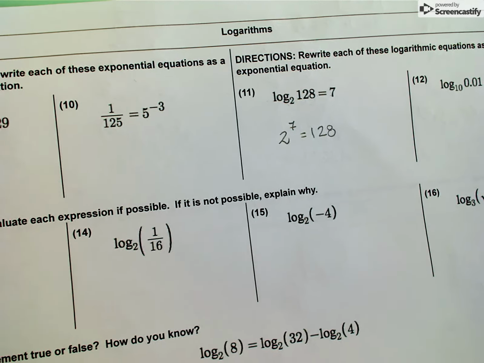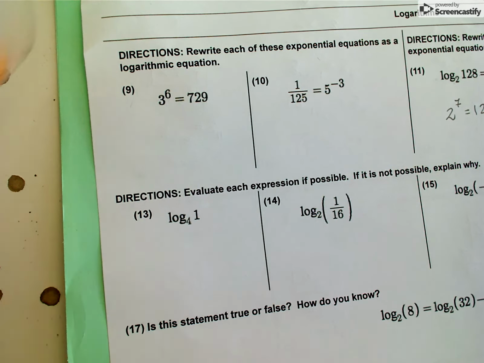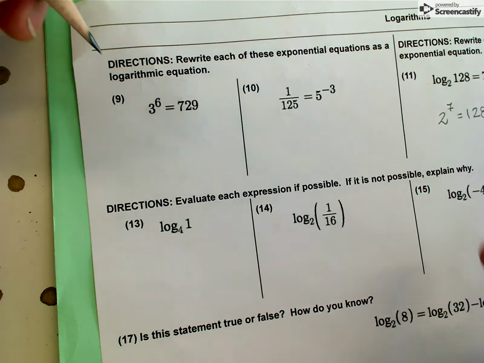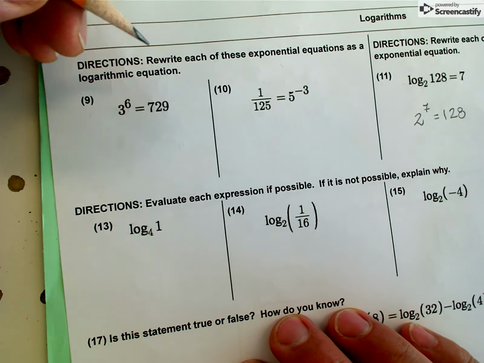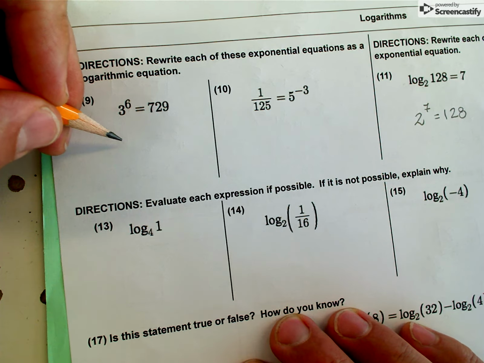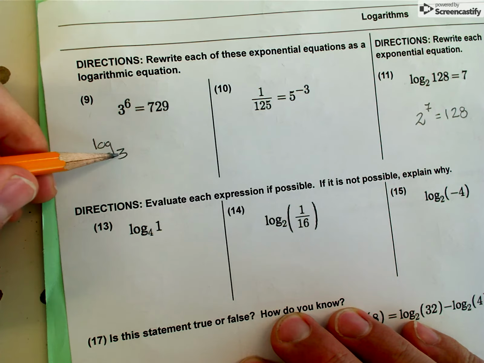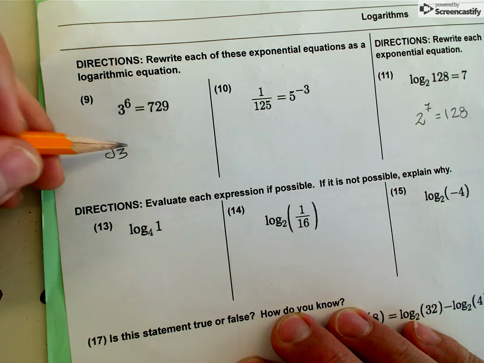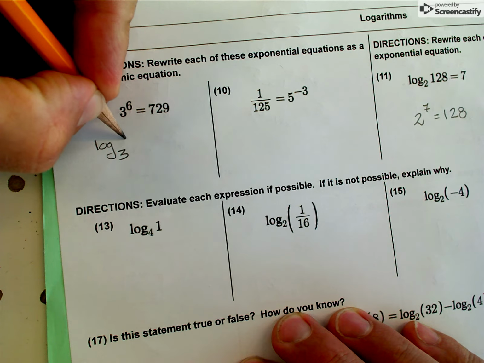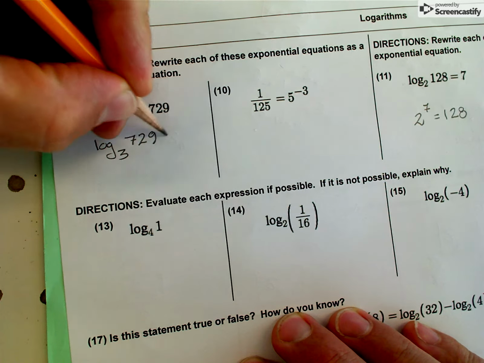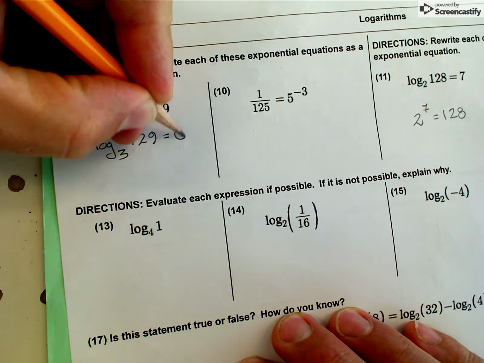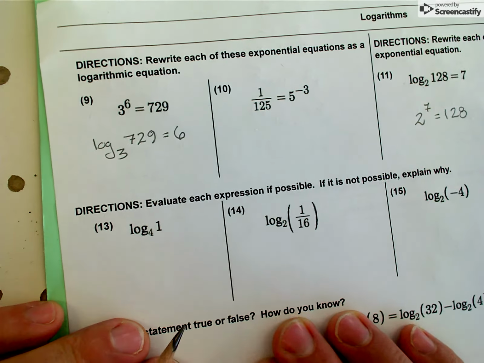So if I take this idea, I can go back to the first problem and use the model of problem 11 to just rewrite this. And what we say is log base 3, that's where we put the base, and my base is 3 right here. Log base 3 of 729 is equal to 6, the exponent.